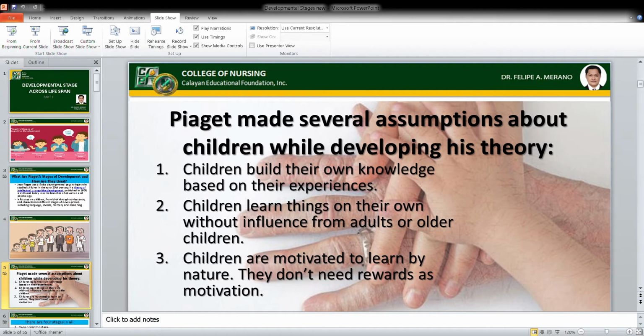Then Piaget made several assumptions about children while developing his theory. One of these is that children build their own knowledge based on their experience. We all know that children learn through their experience, through their exploration. As in the family, we could see the difference of each brother and sister. So no one is totally similar to each other.